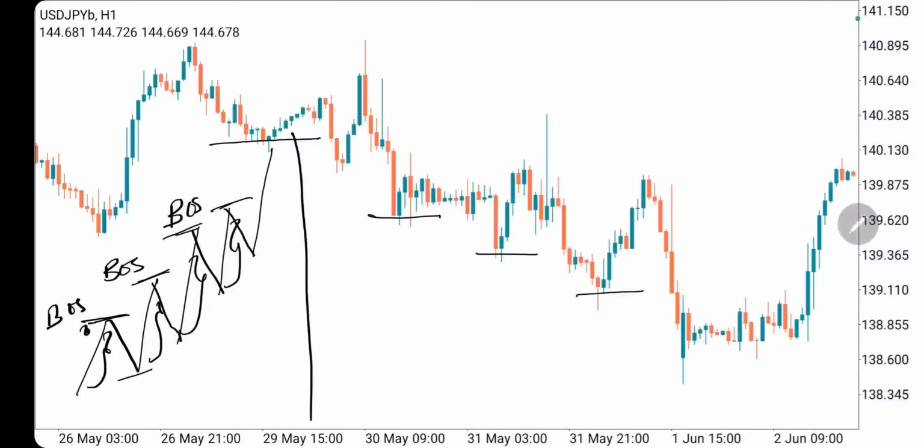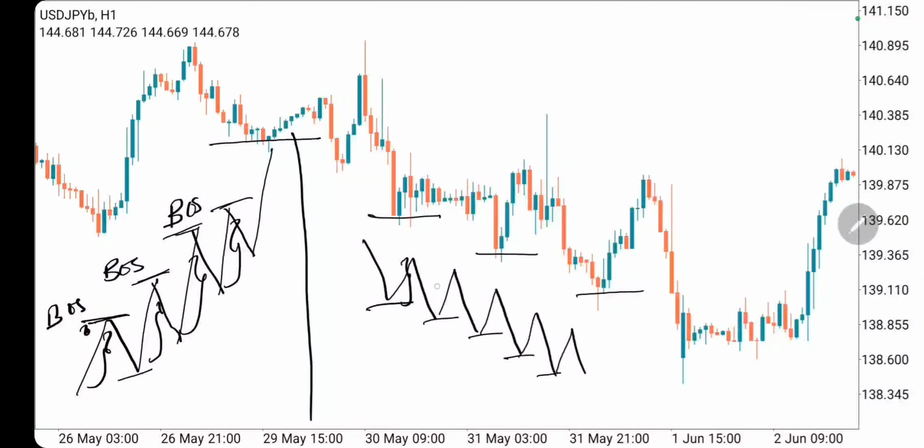But in a bearish phase, we have the market breaking structure to the downside, again and again. The market broke structure from this point, breaks this structure, breaks this structure, breaks this structure. The market breaks structure to the downside, which we call the BOS.